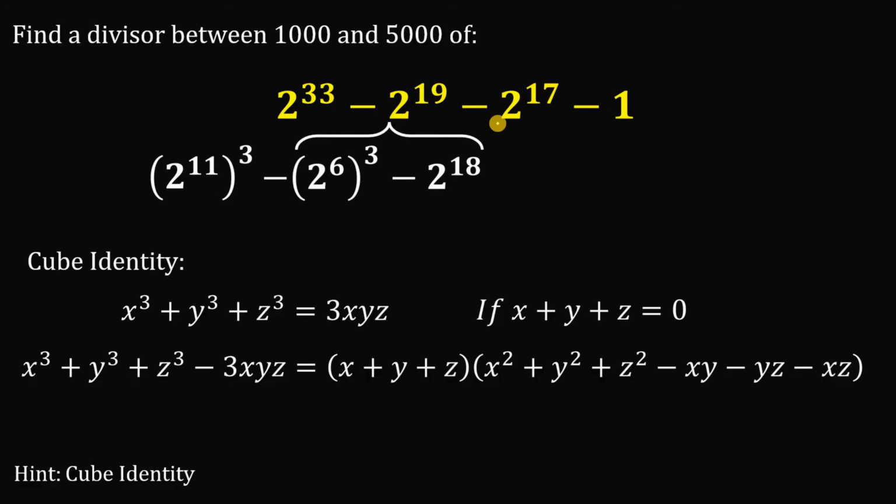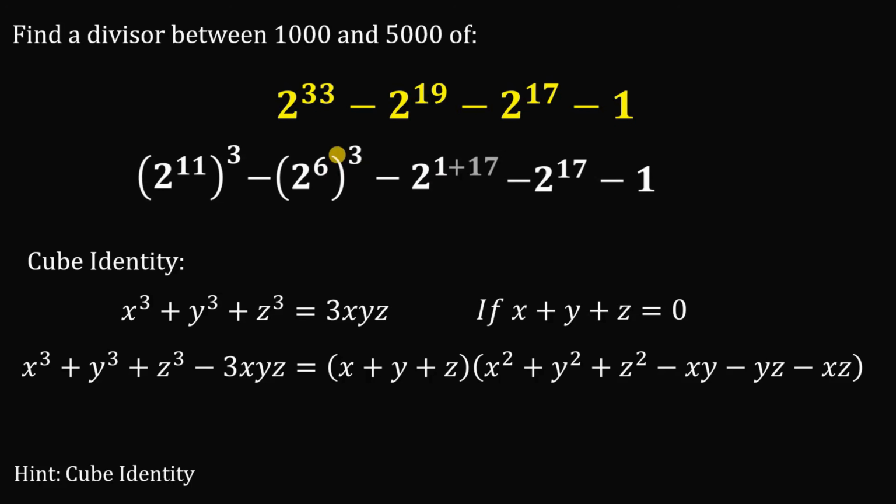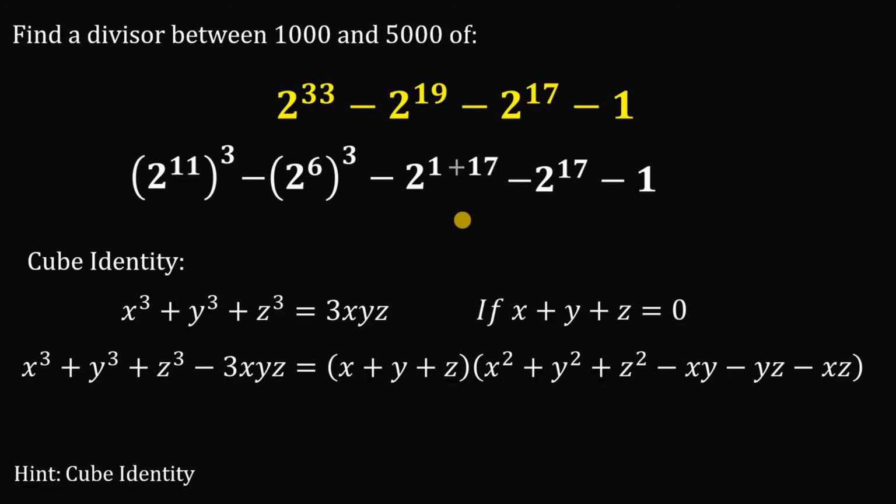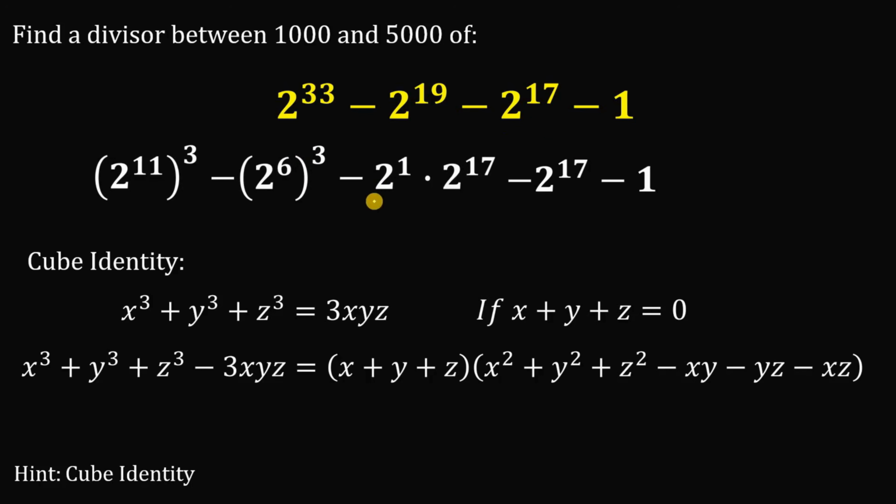Now, bring down negative 2 raised to the power of 17 minus 1. And let's focus on this 18, because this 18 can be written as 1 plus 17. And using some laws of exponent, we can rewrite this as 2 times 2 raised to the power of 17. And 2 raised to 1, of course, is just 2.